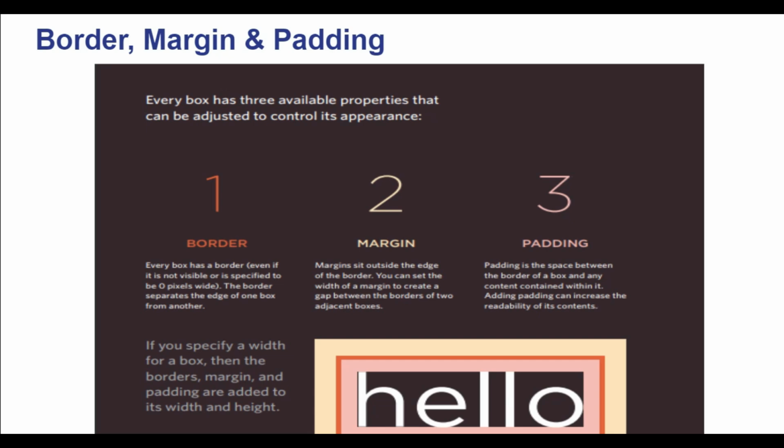If you look at this diagram here, this cream part you're seeing represents margin, meaning the spacing outside the box, right? This orange part is representing the border, whereas this pink part is representing the padding.